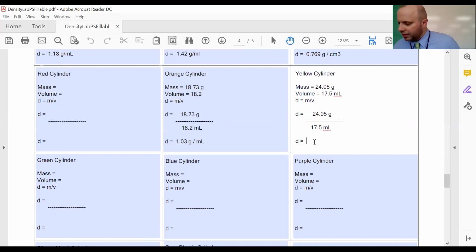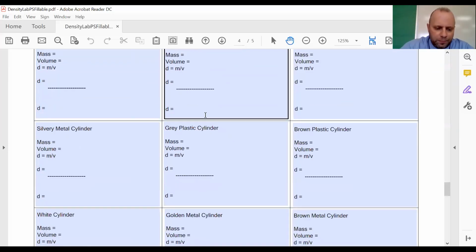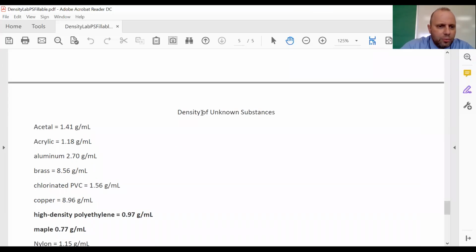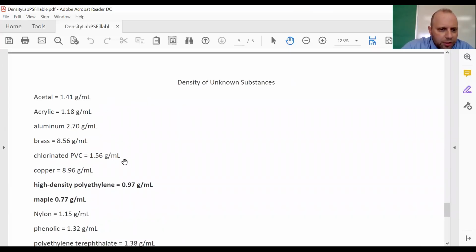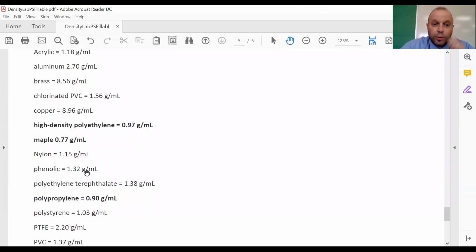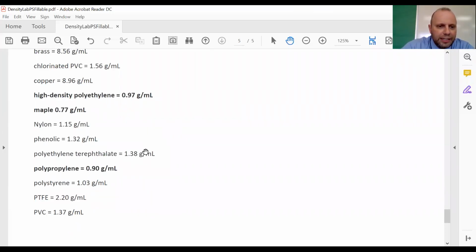We wind up with a density of 1.37 grams per milliliter. Okay, so we scroll down, we look for 1.37. It's 1.32. Here's 1.38. Here we go, 1.37, exactly. 1.37 is PVC.